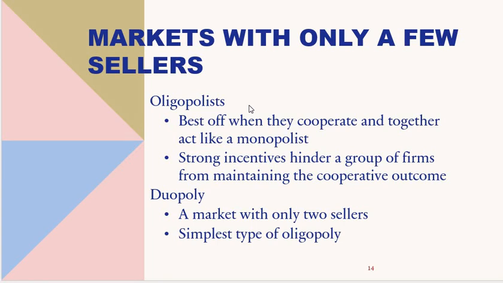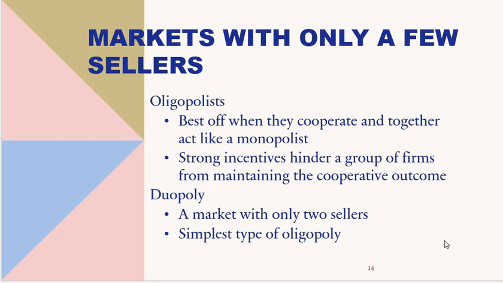So luckily, oligopolists don't always cooperate because they each have strong incentives to pursue their very own best interest. So in that sense, they don't always agree to have a cooperative outcome. A classic game theory analysis would start with a duopoly. That's the case when you have only two sellers in the market.